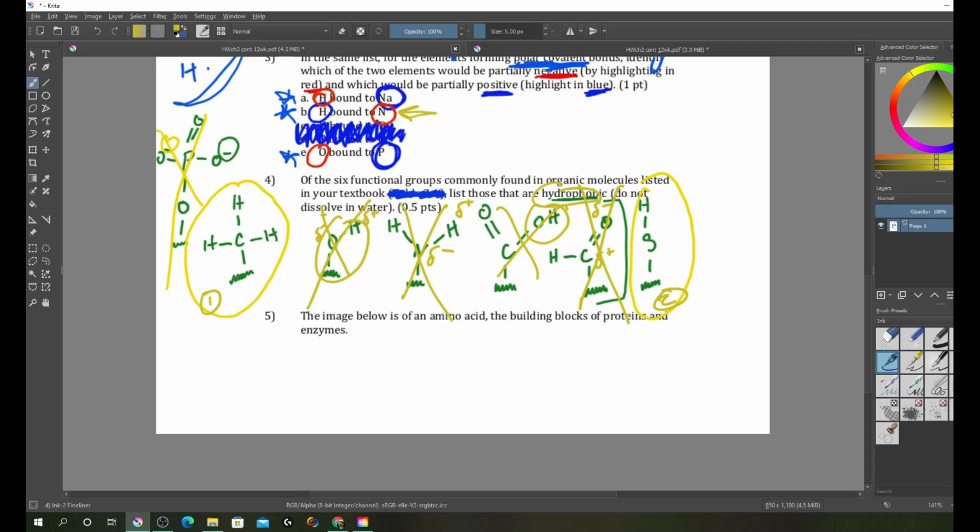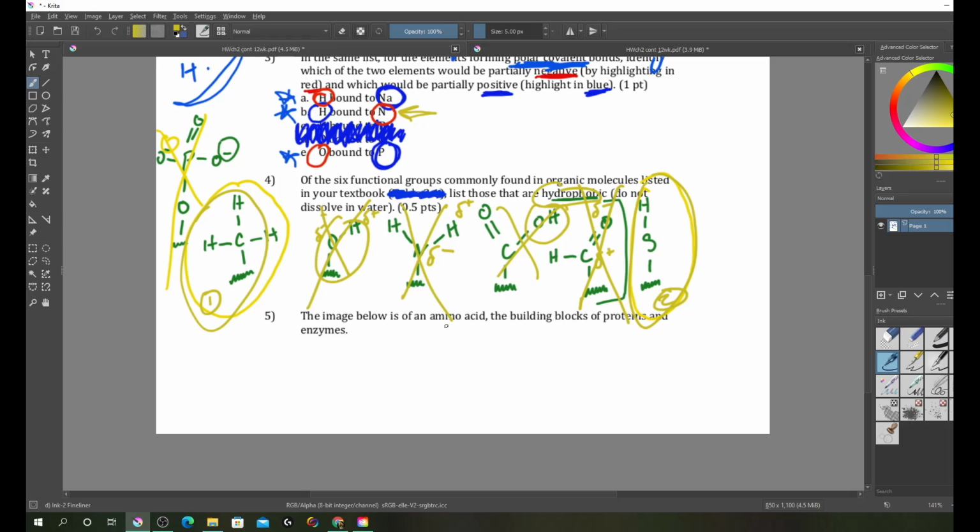So any positive or negative charge will be attracted to water molecules and will be hydrophilic and will dissolve. The only way for something to be hydrophobic and not dissolve in water is for it to be neutral. Water doesn't like boring neutral things. That's going to be methyl groups, hydrocarbons, sulfhydryl groups. Water doesn't like that because it's neutral. What makes it neutral? Equal sharing of electrons throughout. There's no clustering of negatives or positives.